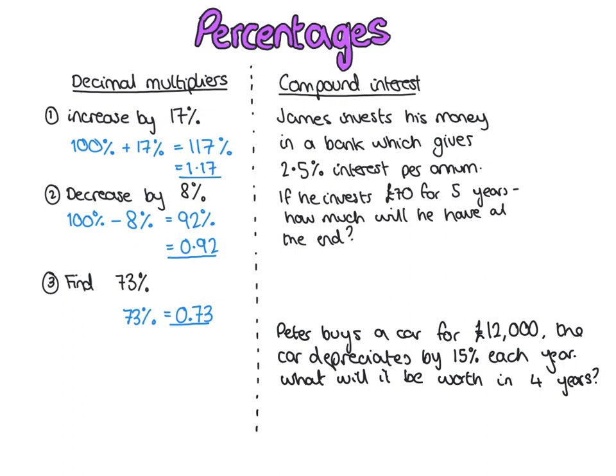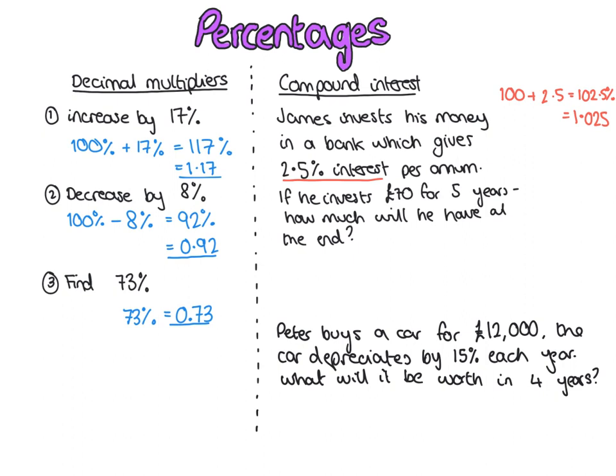Interest is a 2.5% increase each year. So we start with 100 and then we increase by 2.5%, so we get 102.5%, which gives us 1.025. That's our decimal multiplier for our 2.5% interest.